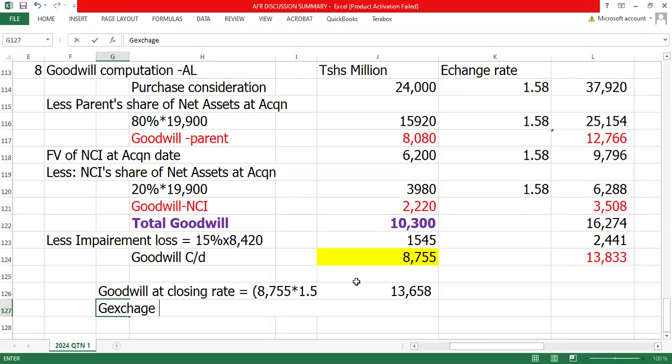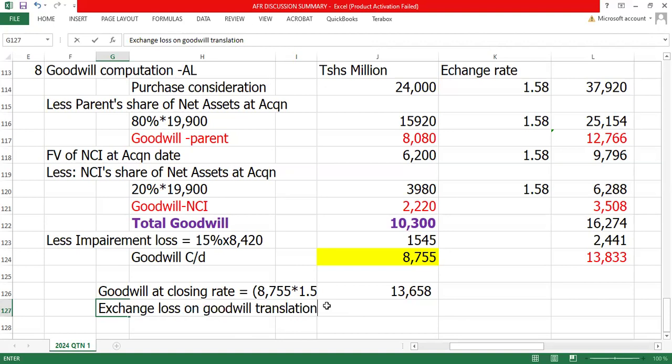If you translate, you'll be getting an exchange loss on goodwill translation.